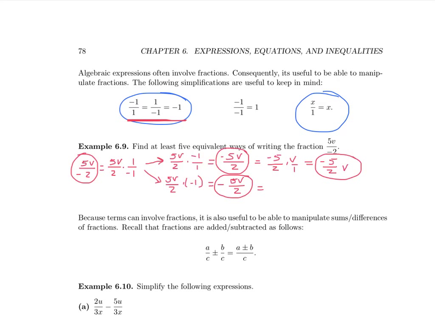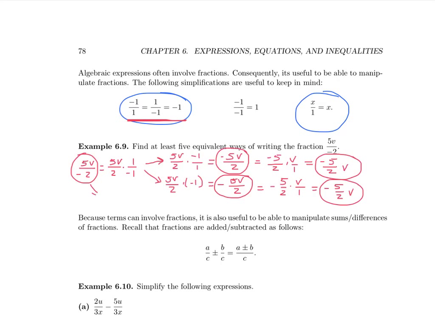If we follow from the lower branch and I separate out v, I have negative 5 halves times v over 1, which is negative 5 halves v. That's another way of writing this fraction.